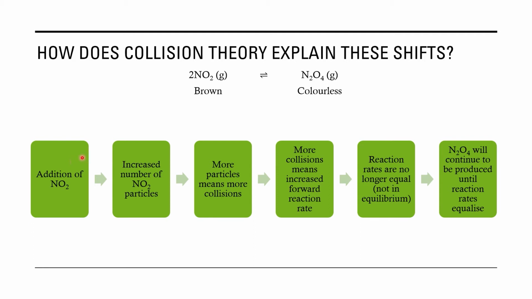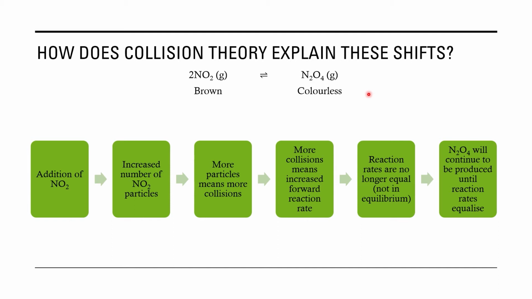When we do this, we increase the number of nitrogen dioxide particles. And from a collision theory perspective, what that means is there's going to be more reactant particles on the left-hand side. And that means there's going to be more collisions between those particles. If there's more collisions, more interactions, then that's going to increase the rate of the forward reaction.